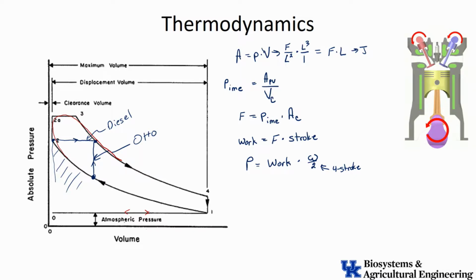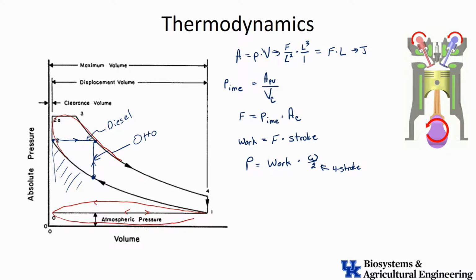Now, we know there's going to be energy loss there because it's going to take some energy to force that exhaust out of there. So actually we're going to get a kind of a loop like this where we're going to see pressures up fairly high going out to push the exhaust out. Then we're going to see the pressure come down sort of negative below atmospheric because we're sucking that in.